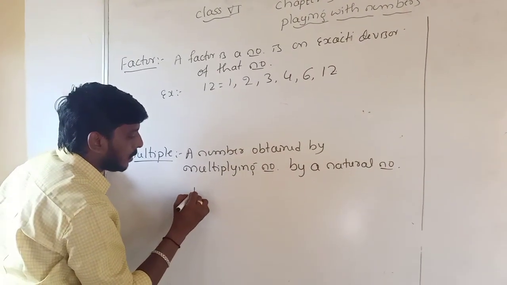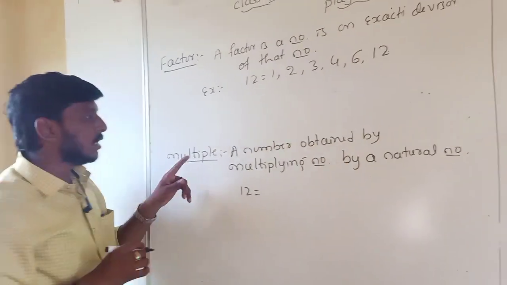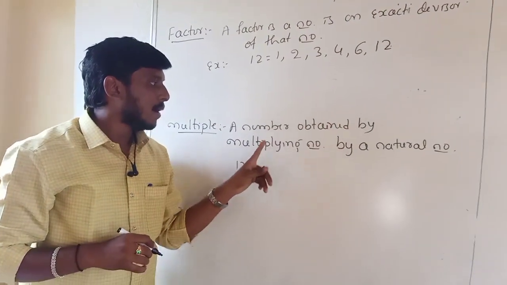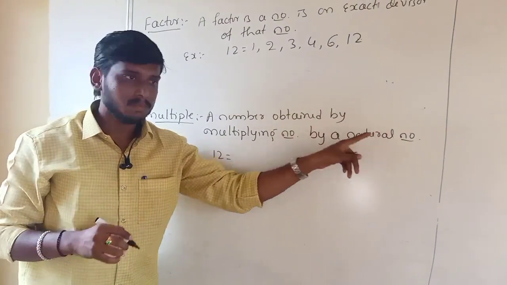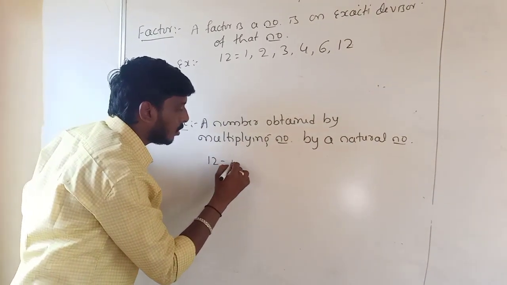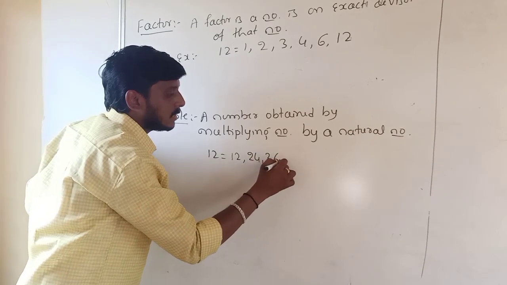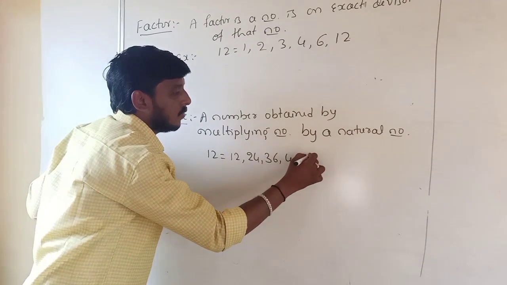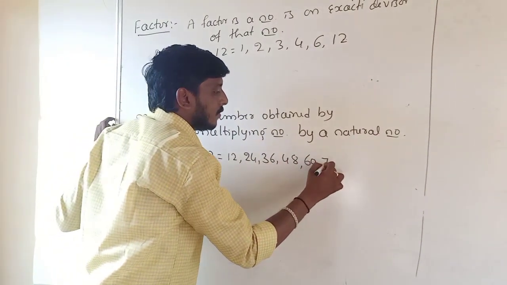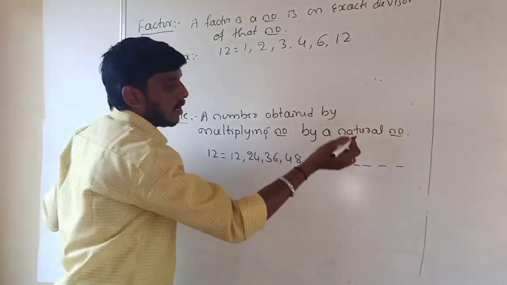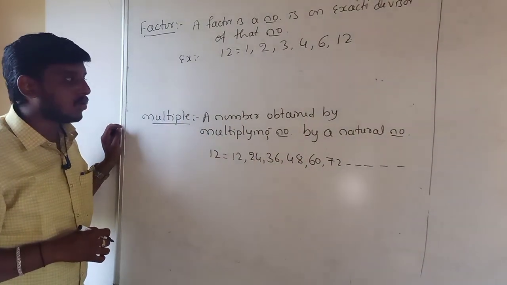What are the multiples of 12? What do you mean by multiple? A number obtained by multiplying by a natural number. 12 ones are 12, 12 twos are 24, 12 threes are 36, 12 fours are 48, 12 fives are 60, 12 sixes are 72, and so on. It is uncountable, means countless.